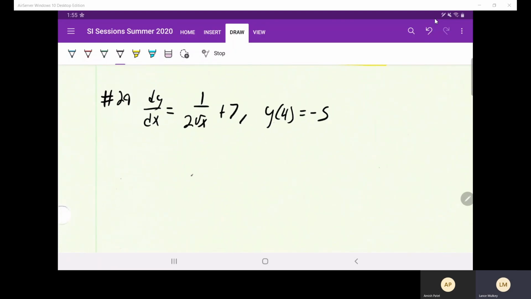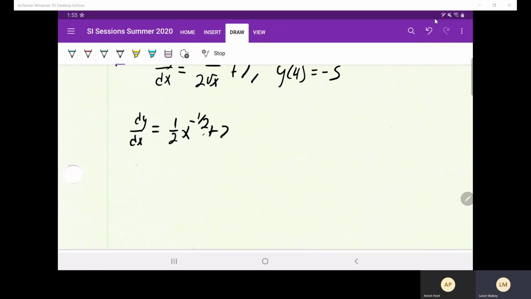So you remember, we're going to rewrite this as dy equals 1/2 x to the negative 1/2 plus 7. And now we can do integral of dy equals, I'm just going to leave it.